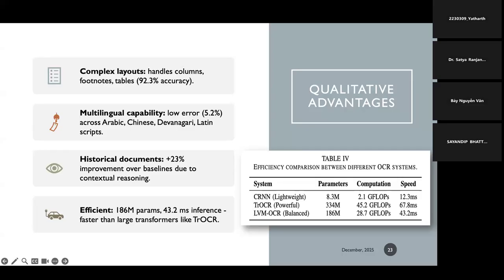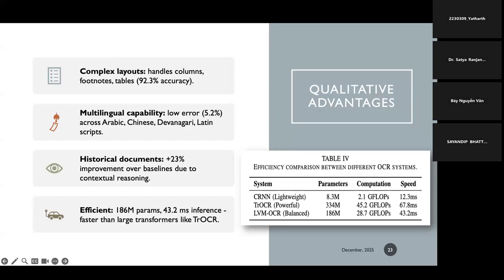Now, LVM-OCR is the sweet spot, right? This is the balance. We try to be faster than TransformerOCR, but we try to have more accuracy than the CRNN, and we have a balanced one. Okay, so that's the sweet spot. It uses 186 million parameters, making it much lighter than TransformerOCR.